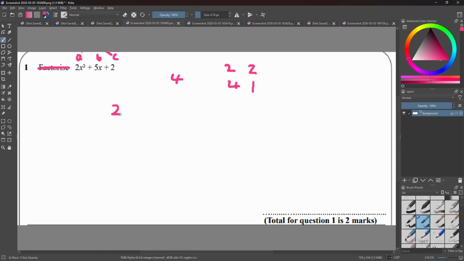So we can now write that out: 2x squared plus 4x plus x, and then we go back to the 2 because that's what it is in the question. We don't use the 4 here because we've got the 2 here, the 2 there, plus 2. And then we can draw our line. Now, the highest common factor of these is 2x because they both have an x and they both have 2.